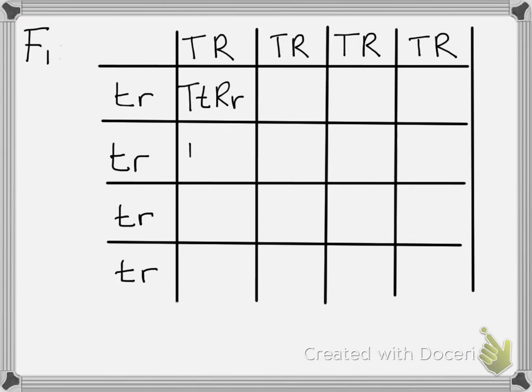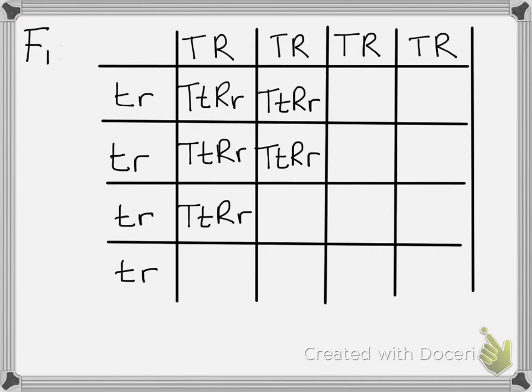Now you will start to notice that there is obviously a pattern in this particular cross, in that you will see that all of our individuals are going to come out the same. And we know this to be true because whenever you cross a homozygous dominant individual with a homozygous recessive individual, all of your offspring are going to appear as heterozygous.